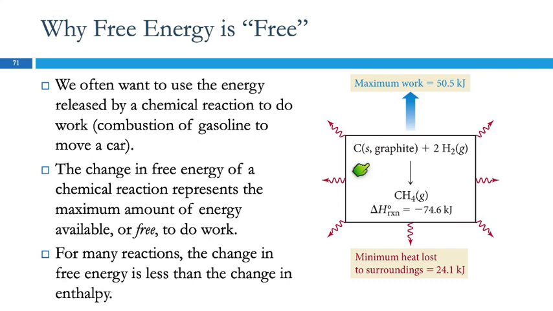So if we've got graphite reacting with hydrogen to form methane, delta H is negative 74.6. So that energy is coming out, right? But 24.1 kilojoules of that is going to get lost to the environment, to the surroundings, and the maximum amount of work we can do is 50.5 kilojoules.